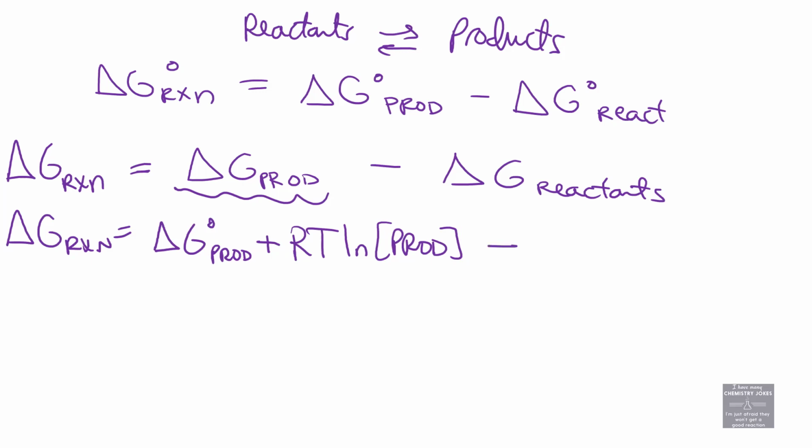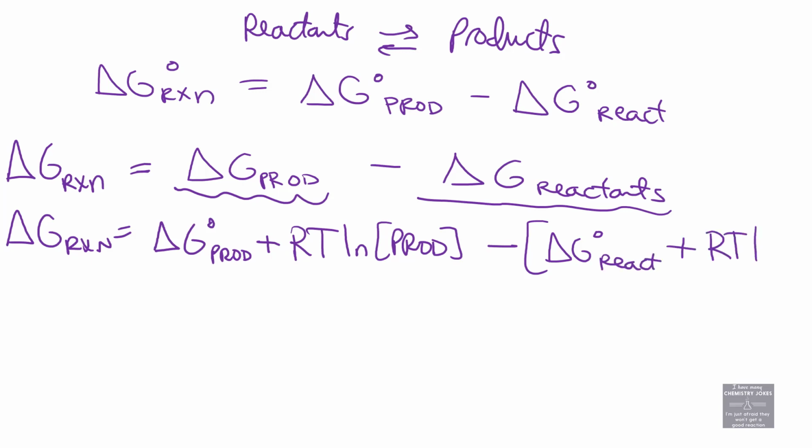Minus, if I make the same substitution, delta G standard of reactants plus my little correction factor, ln of reactants. Run out of space, but that says reactants.